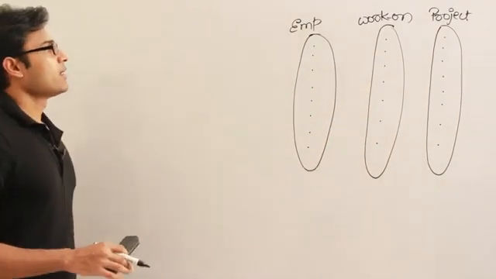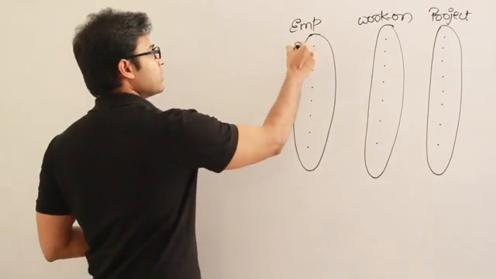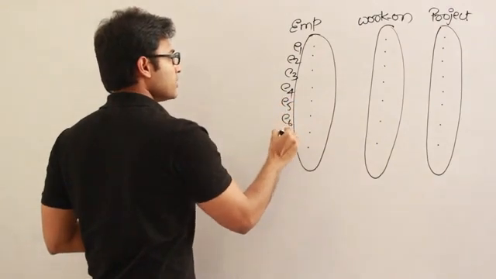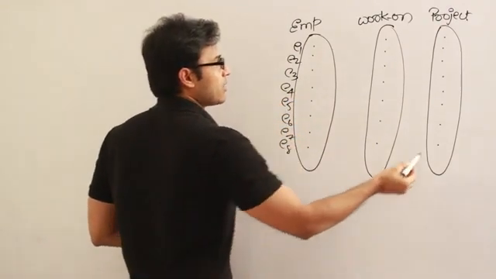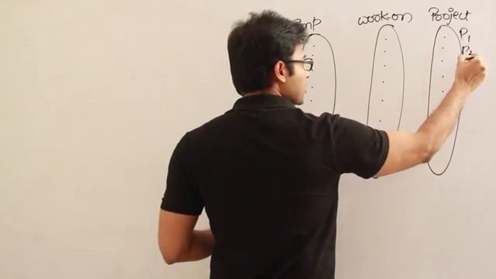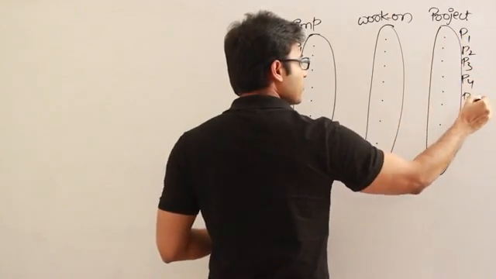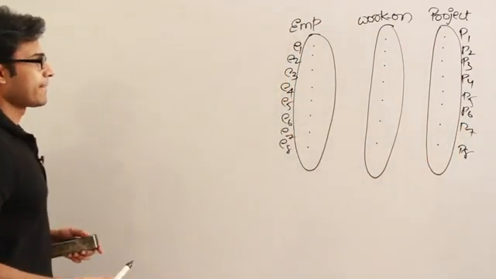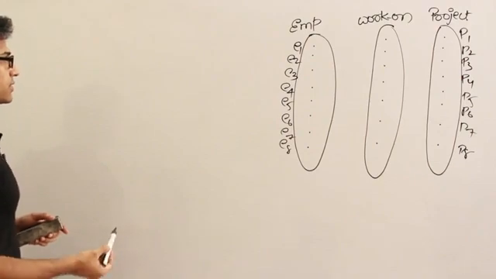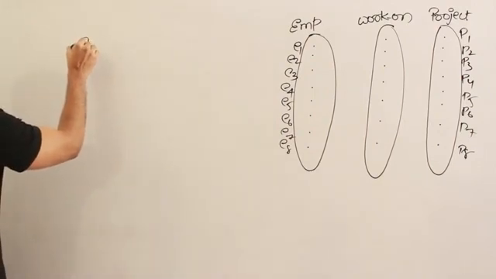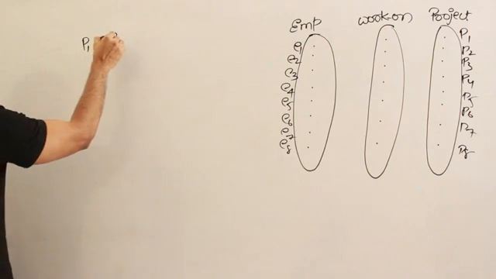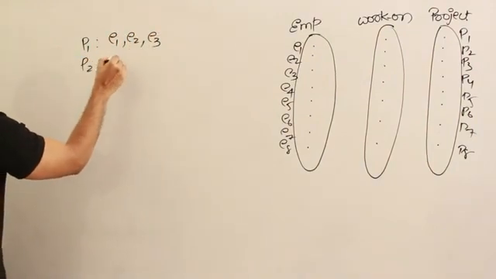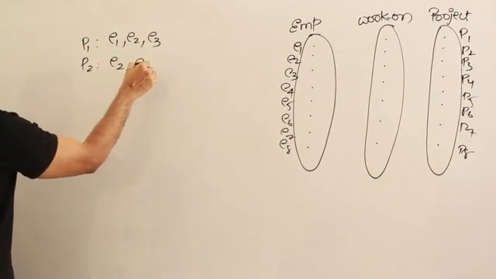Now let us say employees are like this: E1, E2, E3, E4, E5, E6, E7, E8, and the projects are like this: P1, P2, P3, P4, P5, P6, P7, P8, right? And assume that the working relationships are like this. Project P1 is having employees E1, E2, E3 working on it, and project P2 is having employees E2, E4 working on it.